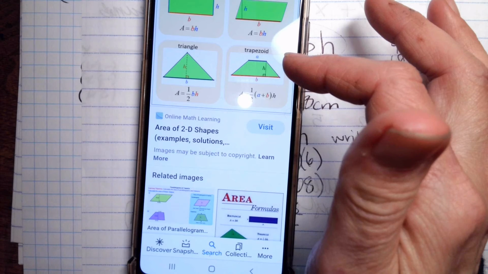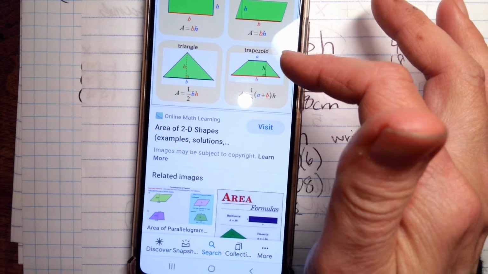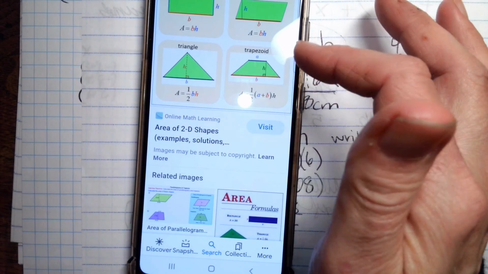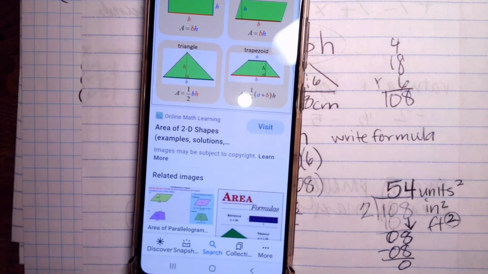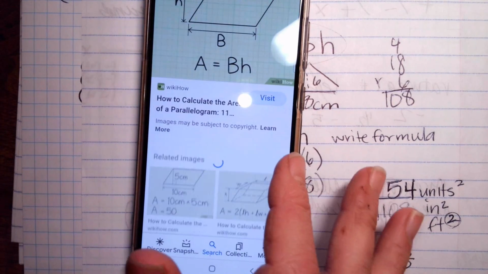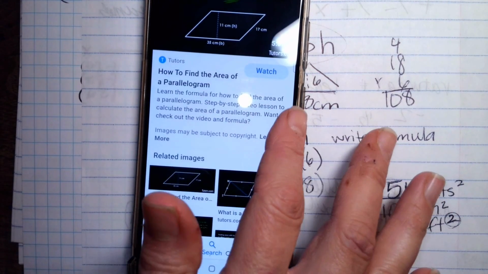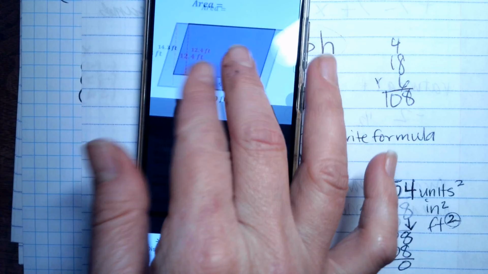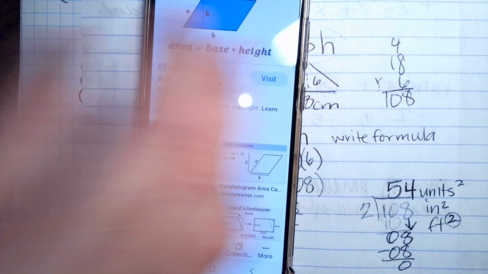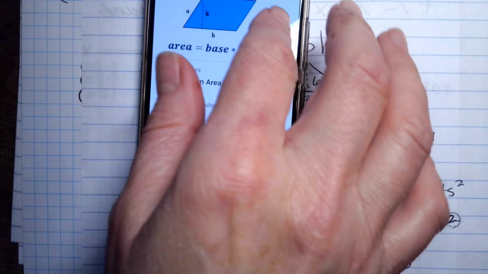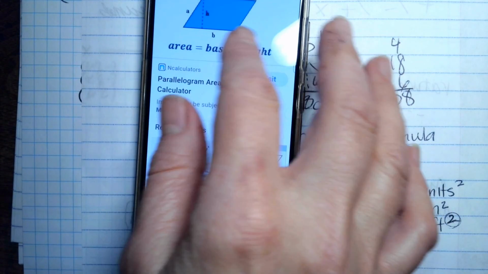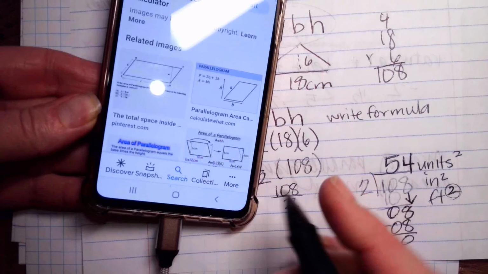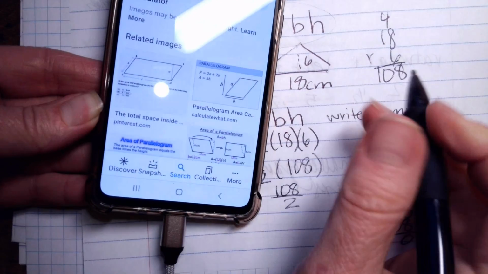Oh, I don't know, weird. All right, so here's a parallelogram. I was hoping to find one. Well, I'll just make up my own. Why are they not giving me any?